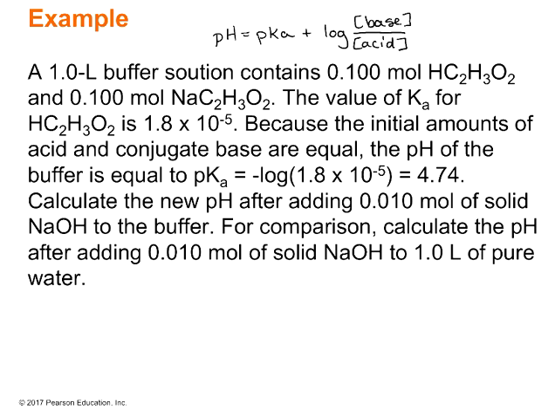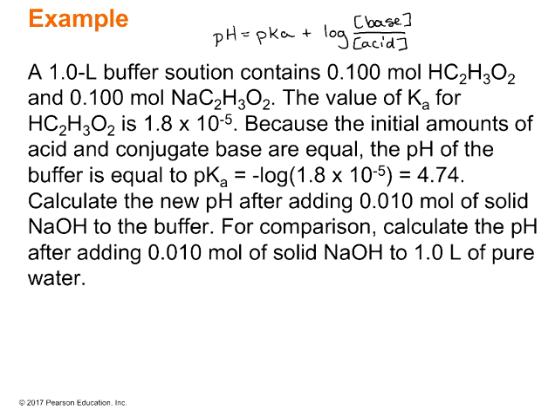So now we're going to calculate the new pH after adding 0.01 moles of solid NaOH to the buffer. For comparison, let's calculate the pH after adding 0.01 moles of solid sodium hydroxide to 1 liter of pure water. So there are a couple of different things here.